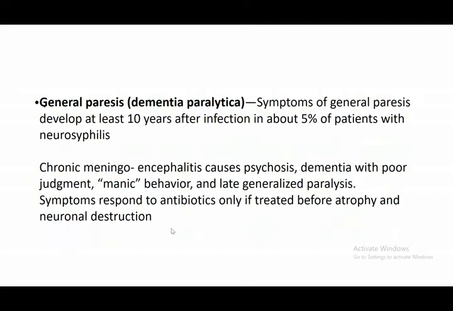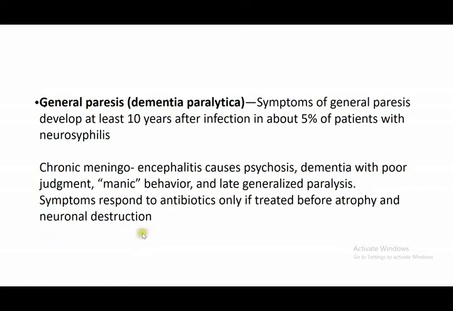The general paresis stage is the advanced stage of neurosyphilis, which is basically dementia and cognitive decline along with complete paralysis. Symptoms of general paresis develop at least 10 years after infection in about 5% of patients with neurosyphilis. It doesn't necessarily develop in all patients.